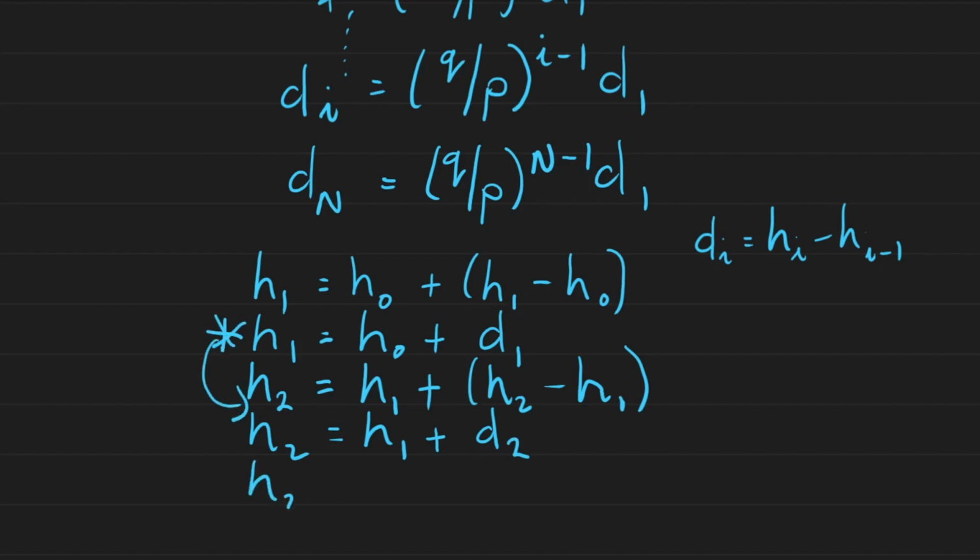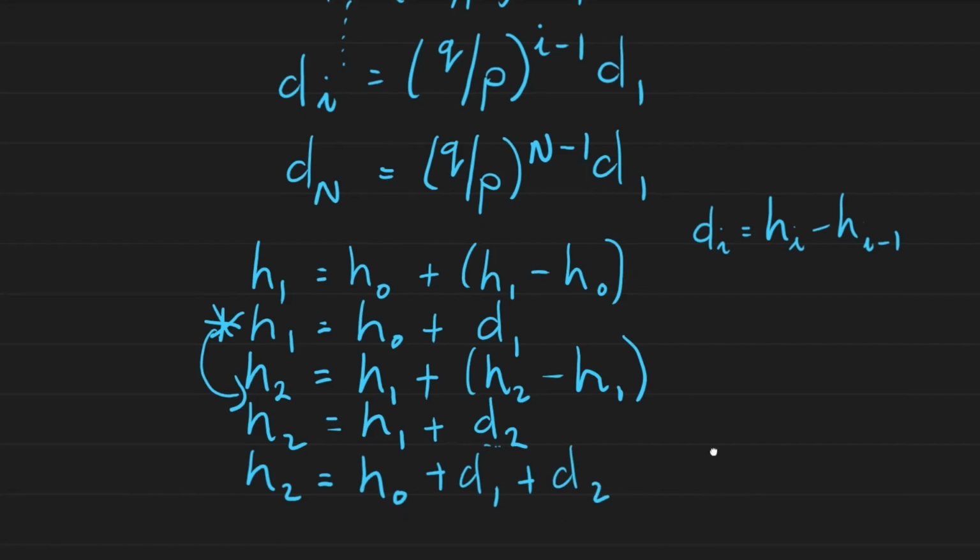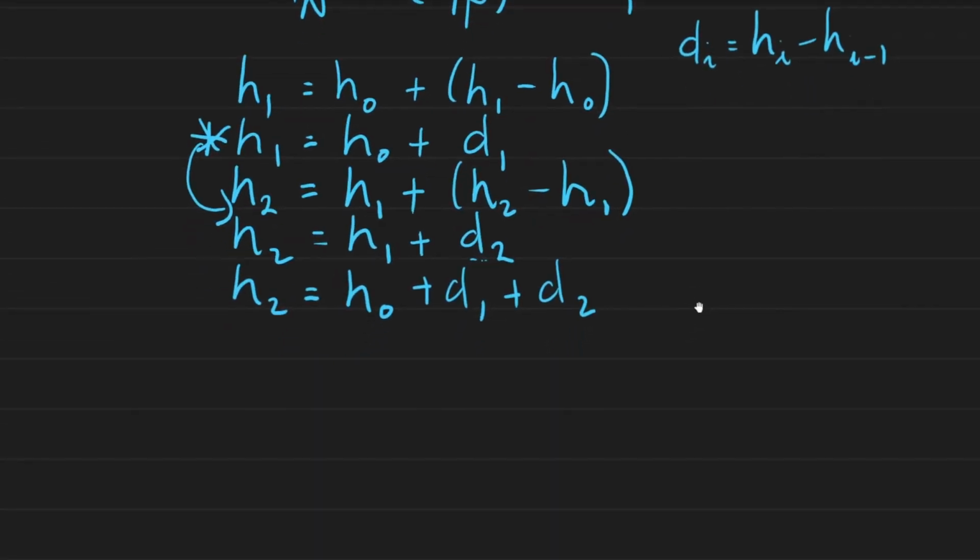So we have h2 is equal to h0 plus d1, then plus d2. So we can spot a trend occurring here. Similarly, h3 would equal h0 plus d1 plus d2 plus d3.